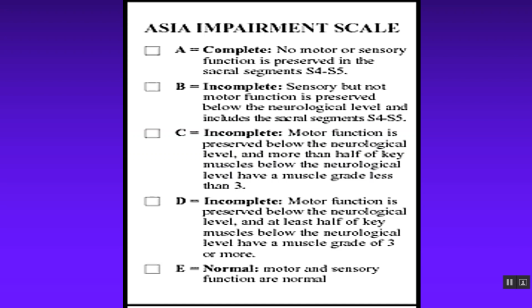Then it helps you determine which classification on the ASIA impairment scale. So you grade them A, B, C, D, or E, plus you give them a neurologic level, which you assign based on where the motor and sensory levels are on this scoring sheet. E is normal, motor and sensory function are normal.